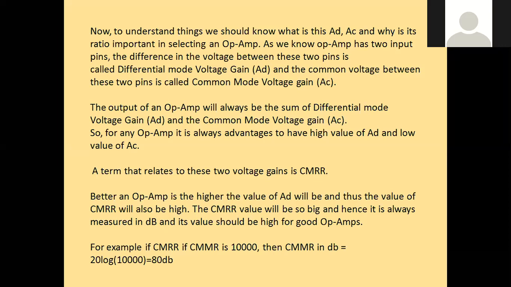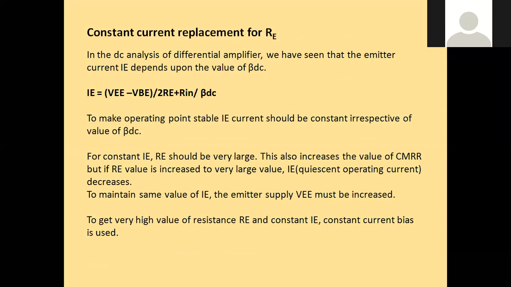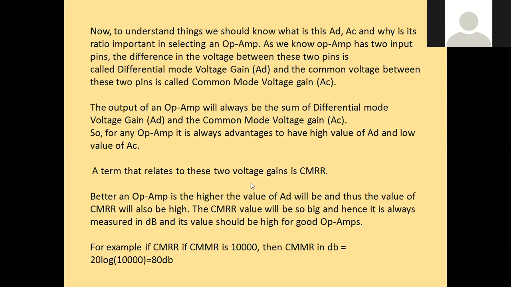Here we have considered the value of AD by AC as 10,000. So by replacing AD by AC with 10,000, we get 80 dB. So this is with respect to CMRR. Okay, does anyone have any doubts?